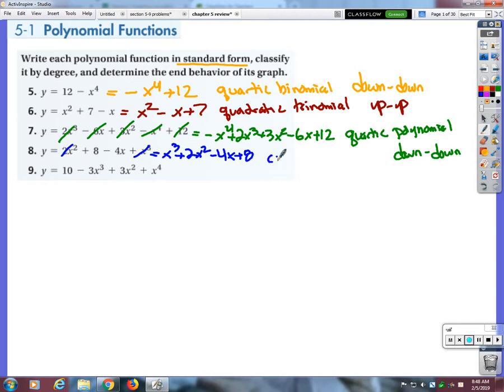Cubic. Yeah, 4. So we'll just say polynomial. And what would its end behavior be? What is the degree, odd or even? And is the lead coefficient positive or negative? So odd positive, do you have your chart? No? Okay. Odd positive would be down, up.